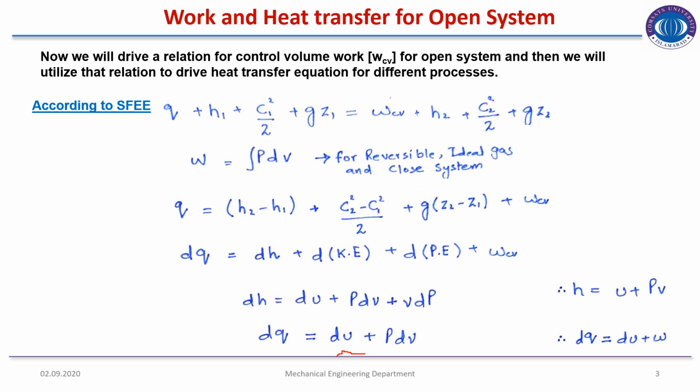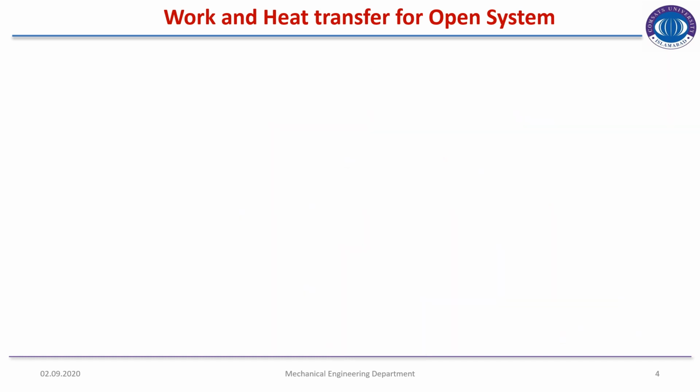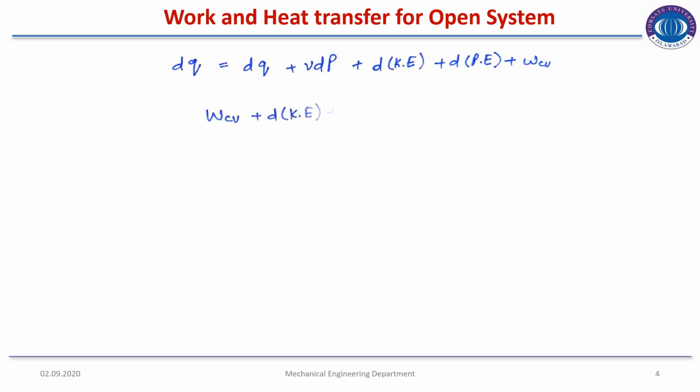So that term and that term are the same, so we will equate it with dq. Here we have replaced it with the dq term, and the right side term will remain the same. So dq will be cancelled out, and the term left will be W control volume plus change in kinetic energy plus change in potential energy is equal to minus integration V dP.